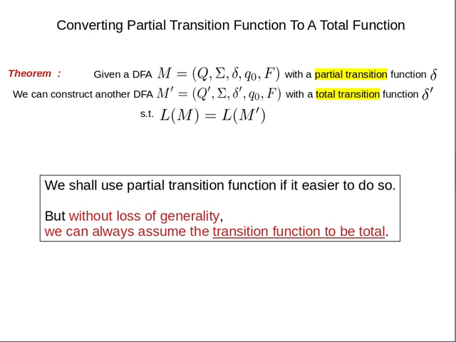Suppose you are trying to prove some theorem about a language which is accepted by some DFA. In order to prove that it is accepted by some DFA, you construct a DFA with a partial transition function. And then for the later part of the proof, suppose you need the function to be total. Then without loss of generality, you say that, okay, it's the same.